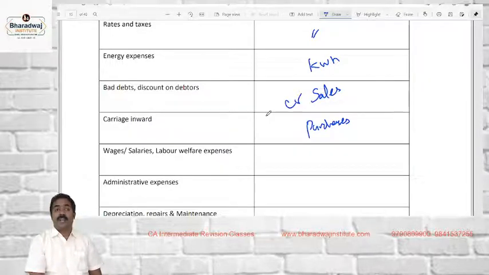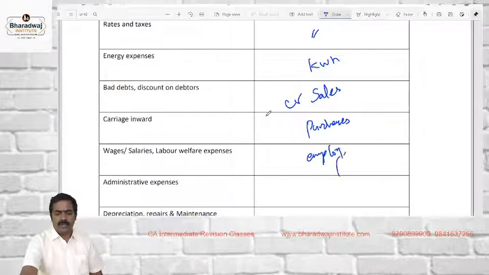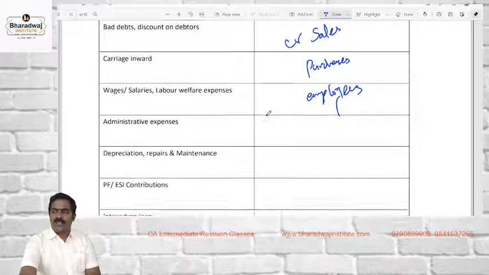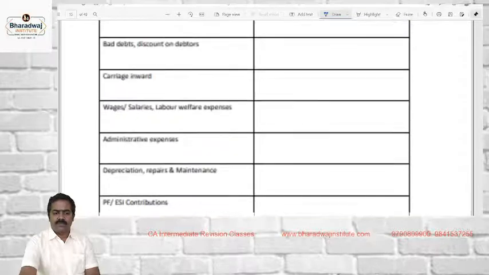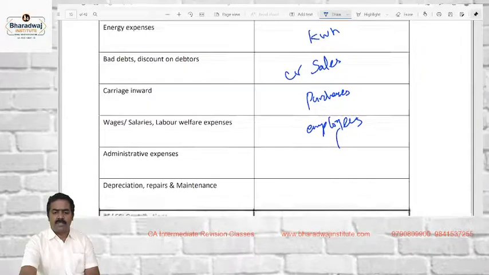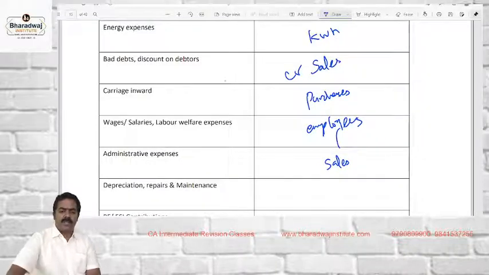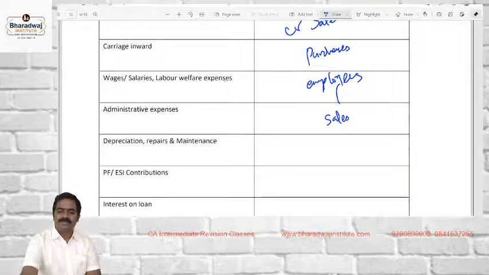Suppose you are not able to identify separately, then allocate based on what? Purchases. Wages, salary, labor welfare expenses, based on what? Number of employees. Then administrative expenses can be based on sales or turnover.